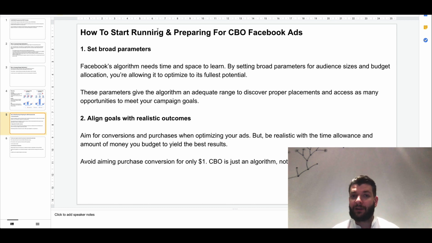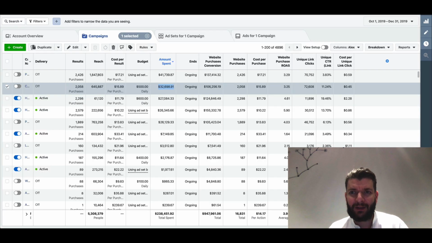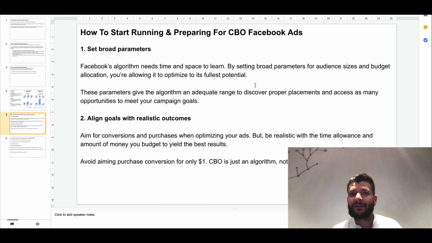In this case, Facebook has full flexibility to find buyers in those huge audiences. And when you see the data, these ones here are also quite open. The sizes of the audiences here are 5, 10, 15, 20 million. So these are big audiences, and sometimes we have audiences of 60 or even 100 million people.